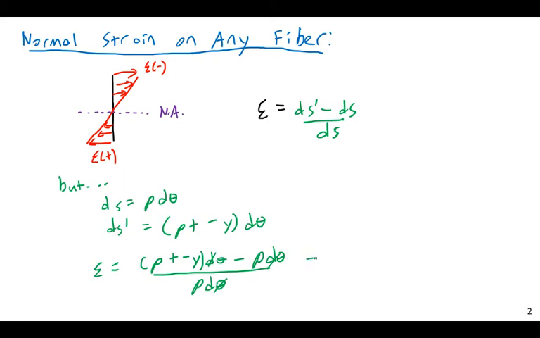This will give us that strain is equal to negative y over rho. So that can be useful. Basically what we're doing is gathering a series of tools that I promise will eventually result in something we can actually use.